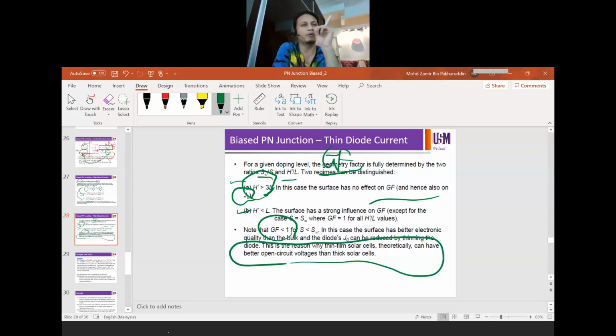So if you want to improve the J naught of the diode, one approach is to thin the diode, make it thinner so that you can improve the voltage of the device. No need to worry about this S and H over L. It's just an example for solar cells.